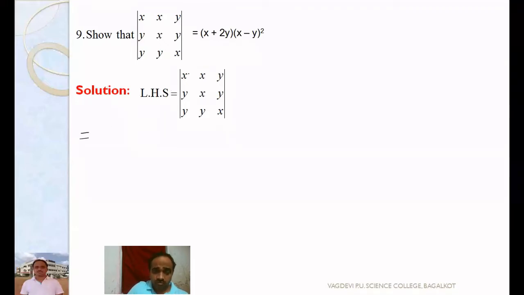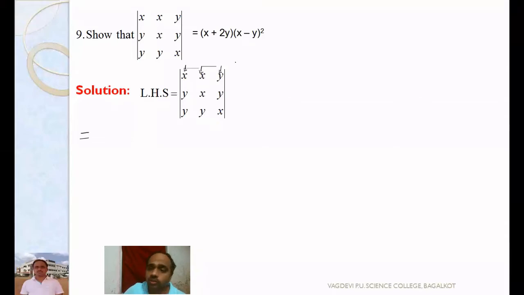Observe, if I add columns, this is C1, this is C2, this is C3. If I add columns, what do I get? x plus y. It will be 2x plus y.